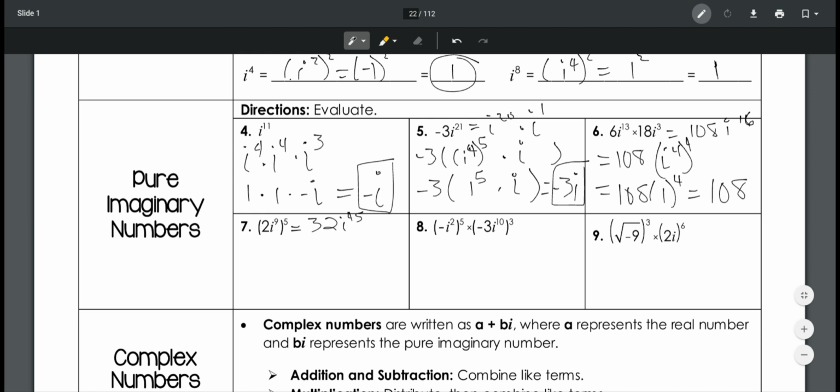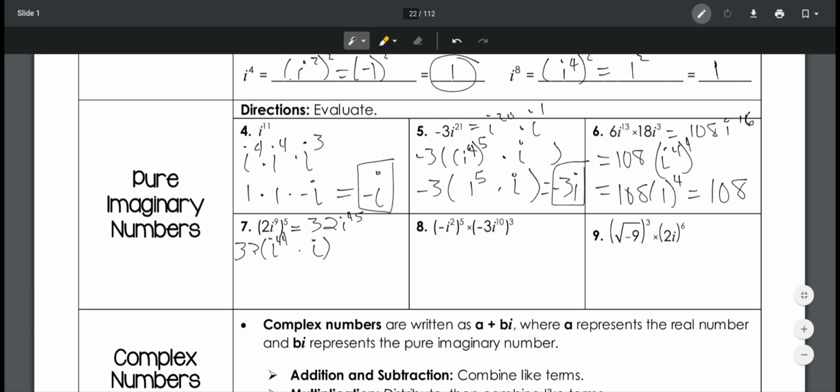Well, 45 is not evenly divisible by 4, but I can split that up. So my 32 stays. And then I need to break down i to the 45th into i to the 44th, which is divisible by 4, times i to the first. That is the breakdown of an odd power.